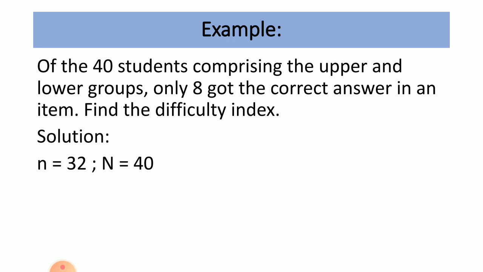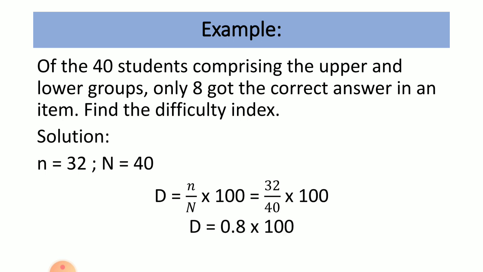Then, uppercase N is equal to 40. That is now, D is equal to 32 divided by 40 times 100, which is equal to 0.8 times 100, that is 80%.